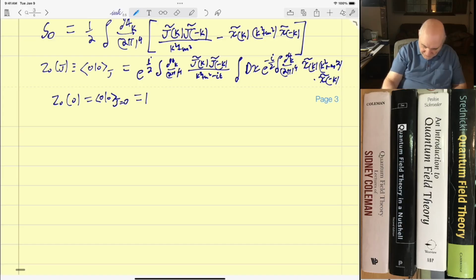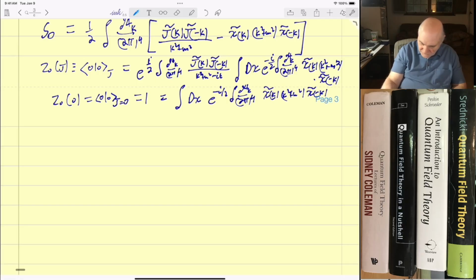So we're just left with the last term, the path integral. So this whole path integral here is just 1, so we don't need it anymore.